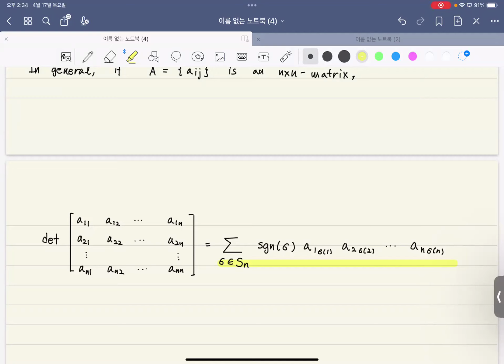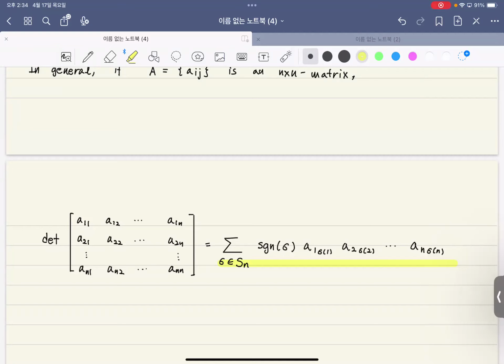Because it has too many terms. It chooses sigma from the nth permutation group Sn. And what is the size of Sn? The size of Sn is precisely n factorial, which is a very large number. Suppose that you try to compute the determinant of a 10 by 10 matrix. Then there must be 10 factorial many terms in the summation, which is not that great.